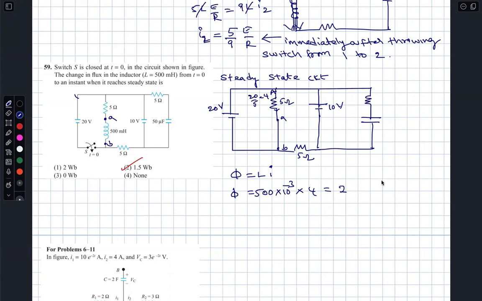Actually, you are supposed to report the answer as 2 Webers. Why? Because 20 by 5, 4, because there is no resistance for the inductance. The change in the flux in the inductor, this is the flux finally in steady state.